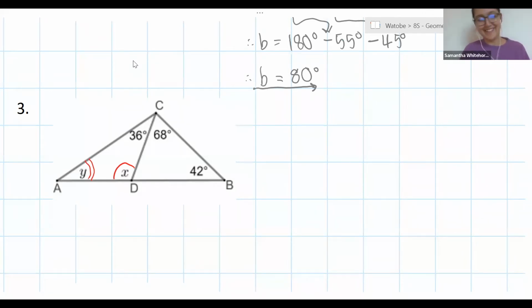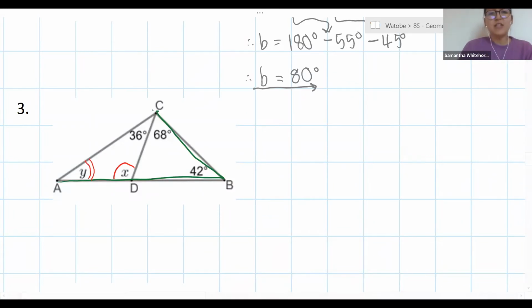Hi, ma'am. I have a question. So ma'am, the bottom line, on the right, would that mean that 42 would be the exterior angle if the 68 wasn't there?